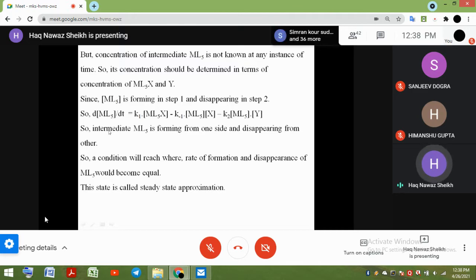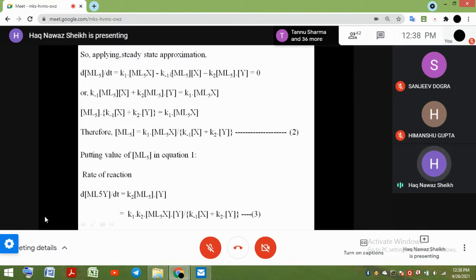Applying the steady state approximation means that its rate of formation is equal to its rate of decomposition. So we reach a condition where the rate of formation and disappearance of ML5 is the same. This state is called the steady state approximation, so the net rate of formation of the intermediate is zero because its formation and decomposition are the same.